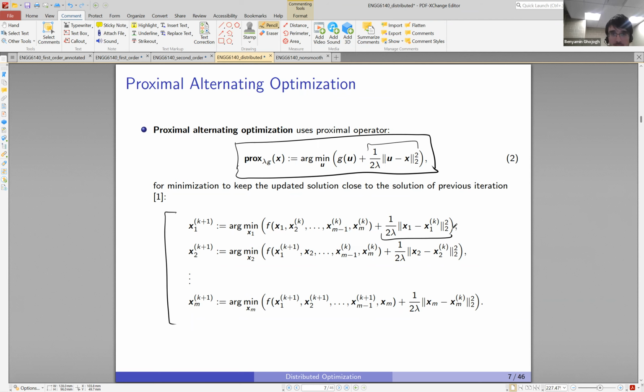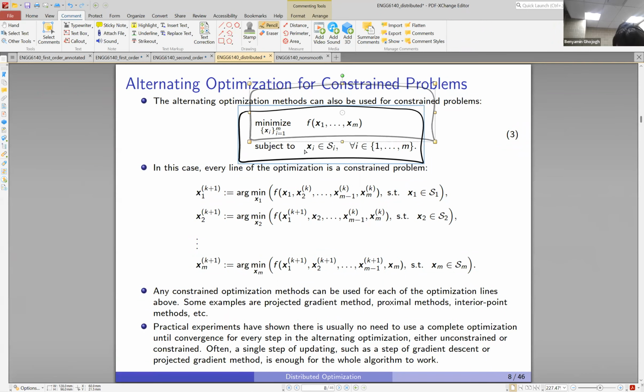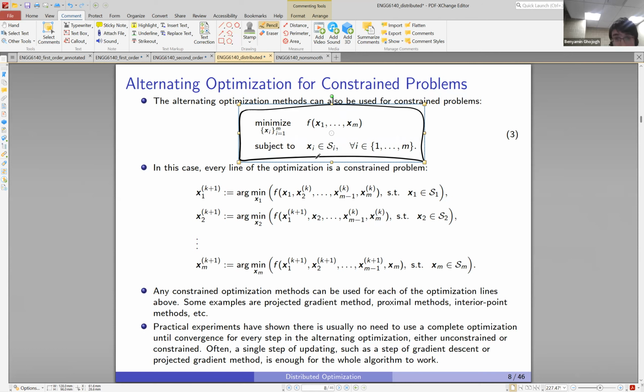Okay, now alternating optimization for constrained problems. The alternating optimization methods can also be used for constrained problems like this. So you have minimization of f of x1 until xm. However, you have constraints too. Each x_i belongs to some set S_i, because you have m variables.